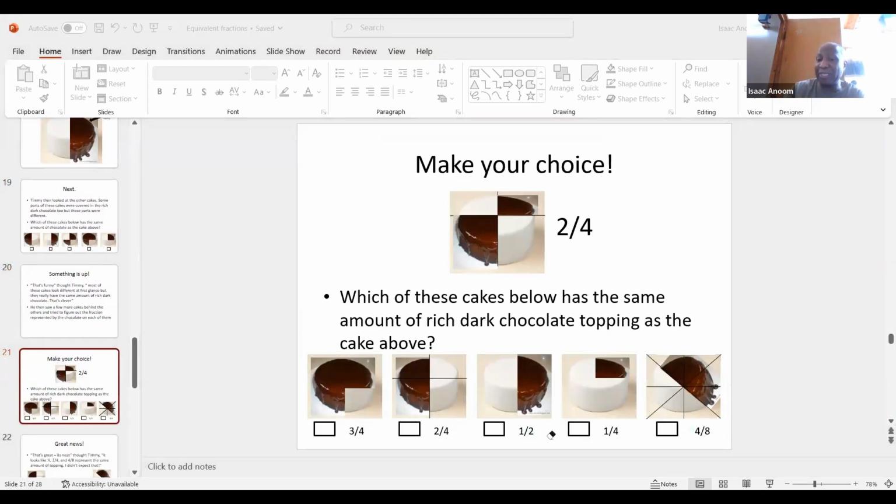Right, so this is what Timmy sees next. And Larissa, you mentioned symmetry and the lines, and look at what you've got there for cake number 5. It is the second, third, and the last one. Why do you say the last one? Even though it is divided into 8 pieces, when you see it as a whole, the cake has been divided into 2.